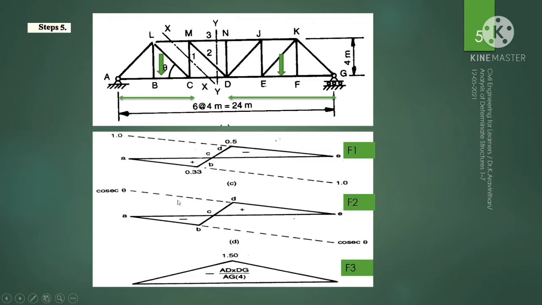Next, for the member 2. Between the first region, it was compression up to the member B, and C to D under this side was the transition from positive to negative, and for the region 2. Okay.